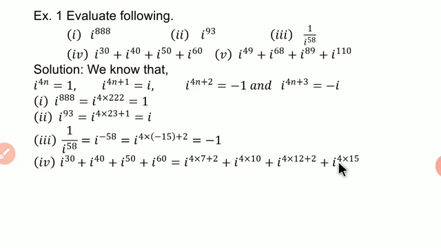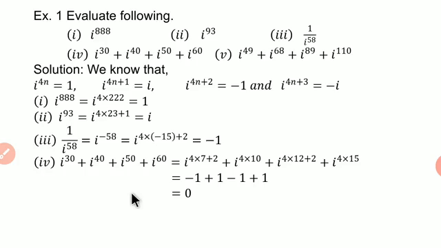And i raised to 4 into 15 is 1. And so it is equal to minus 1 plus 1 minus 1 plus 1. Means here all the terms get cancelled, and so the value for i raised to 30 plus i raised to 40 plus i raised to 50 plus i raised to 60 is 0.